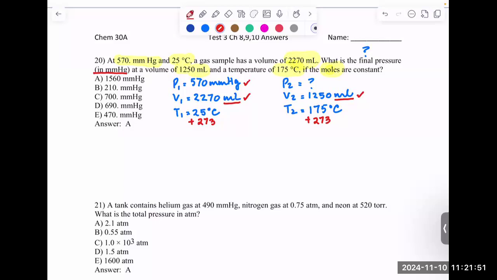So we will keep this as it is, and we will have the final pressure in millimeters of mercury. This is based on the formula P1 V1 over T1 is equal to P2 V2 over T2. And remember all the rearrangements we did. So the formula you're going to use now is P2 is equal to P1 V1 over T1 times T2 over V2.